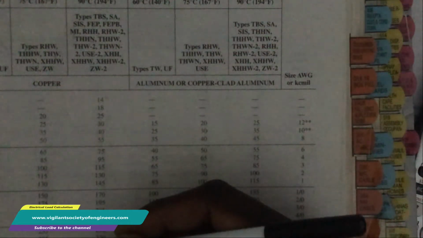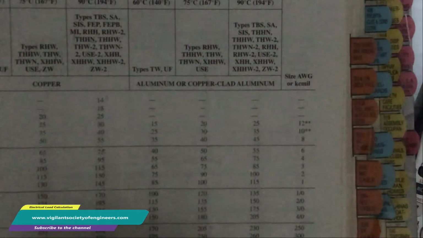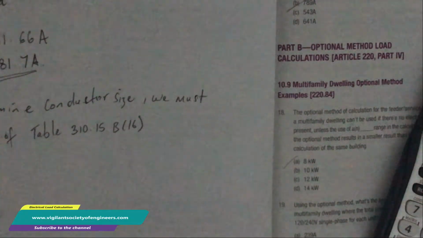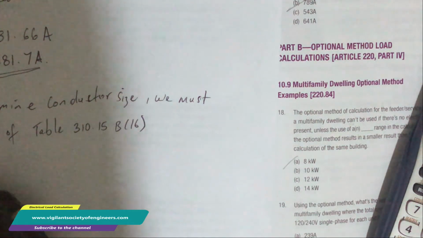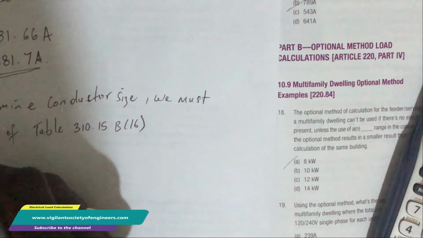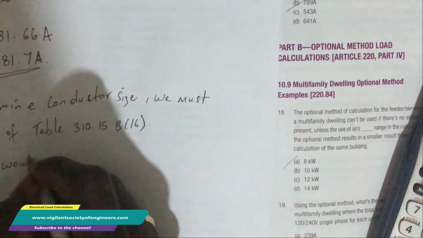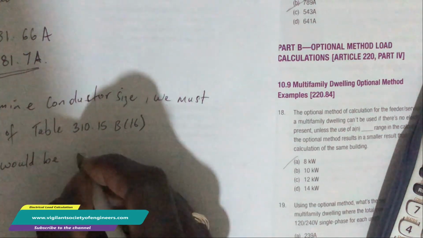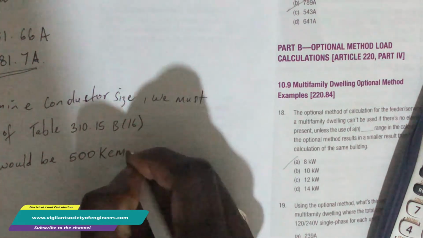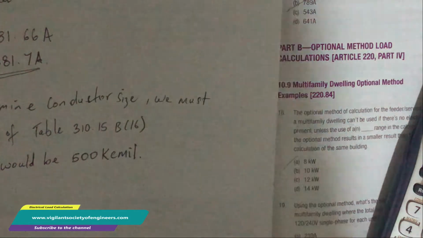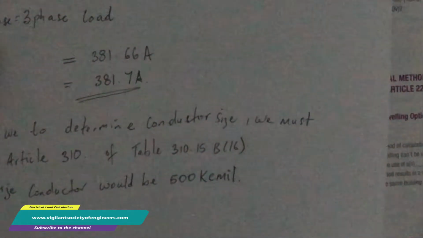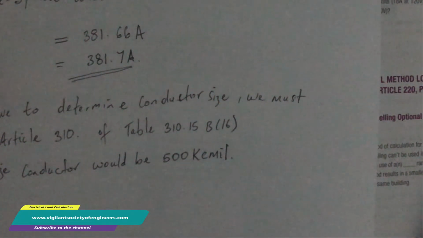So our final size would have been 500 kcmil. So our conductor size would be 500 kcmil. All right, so that is the final determined ampacity of the load for this calculation.